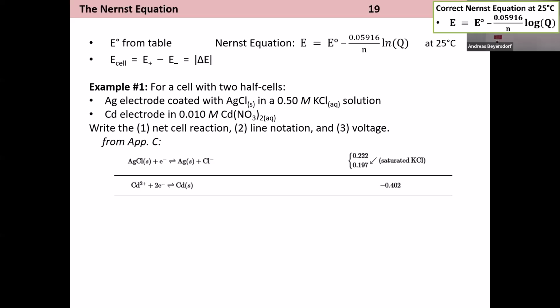We're not changing the cadmium reaction. And then when I add these two up, these two go away. I get 2 AgCl plus cadmium solid.